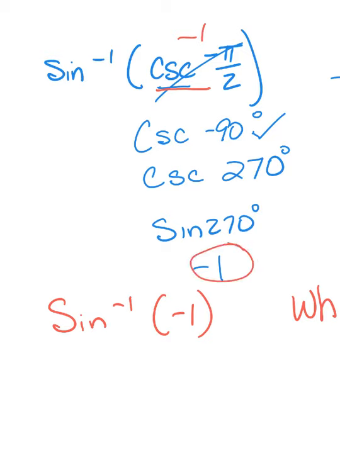Who has a sine of negative 1? Got it? So you're going to look in your parentheses, and you're going to tell me on your unit circle, negative 1 is the numbers on your unit circle. So you're going to say, who has a sine of negative 1? And who is it? Should be 270, actually.